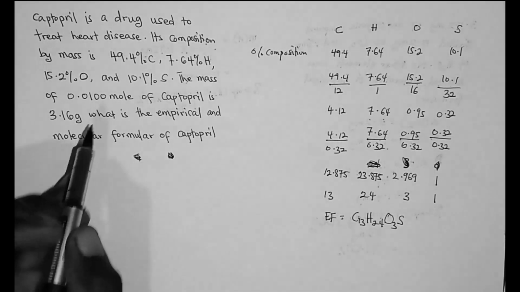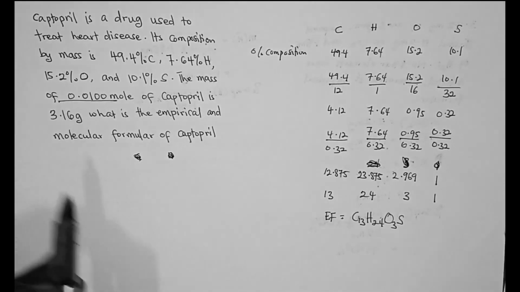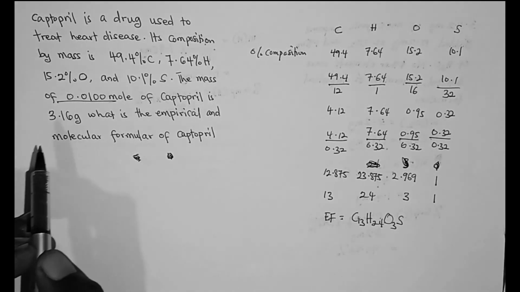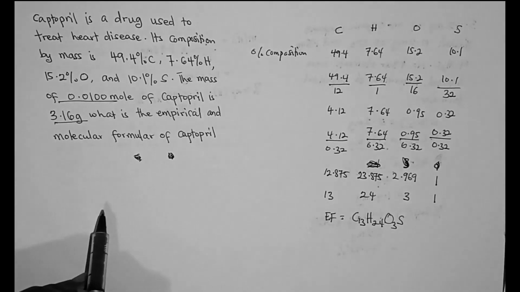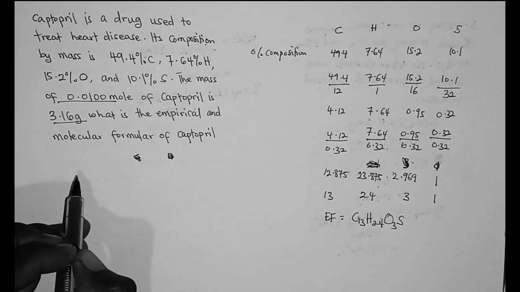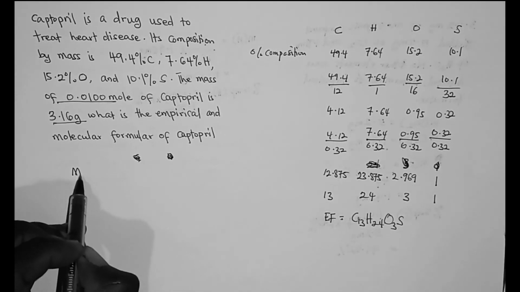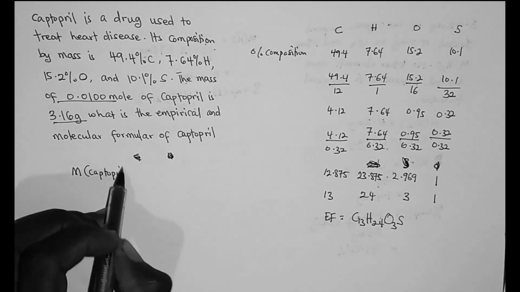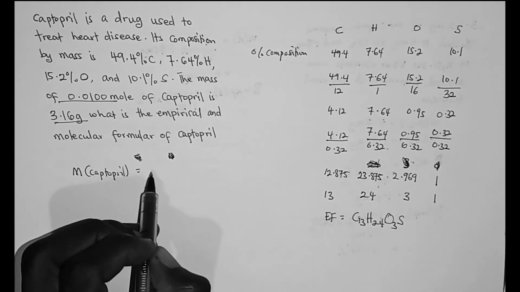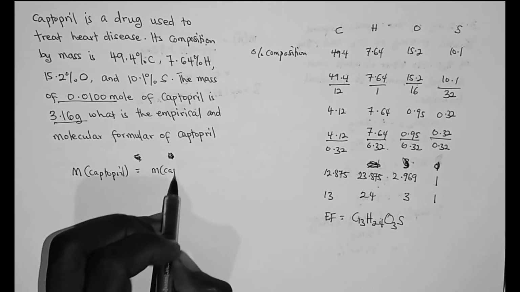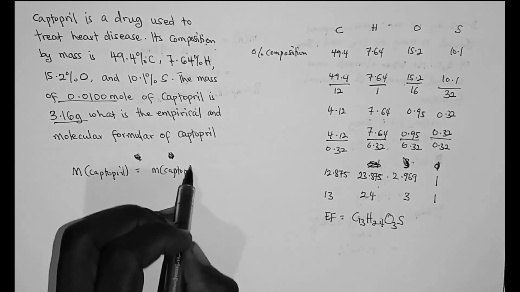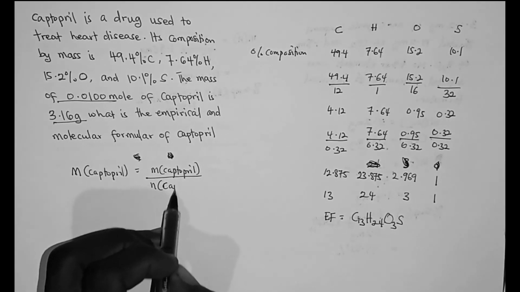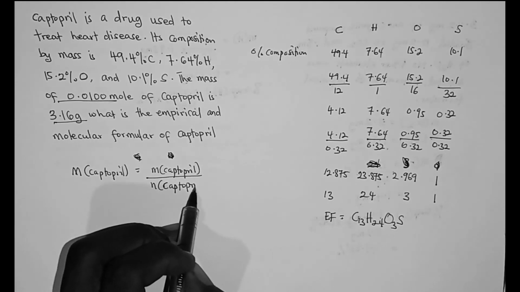Since we know the number of moles of captopril, and we also know the mass to be 3.16 grams, the molar mass of captopril is equal to the mass of captopril divided by the number of moles of captopril. So let's compute that.